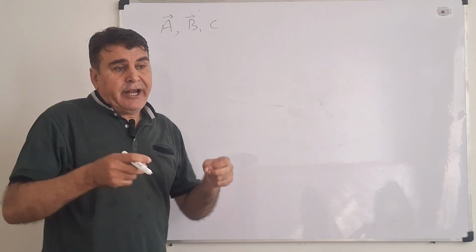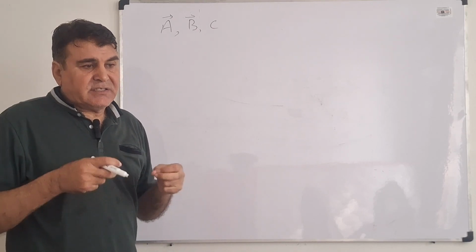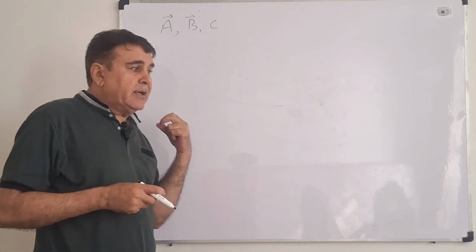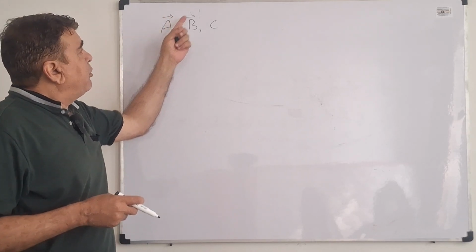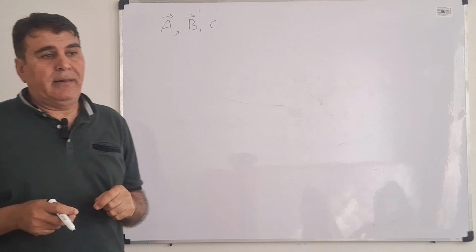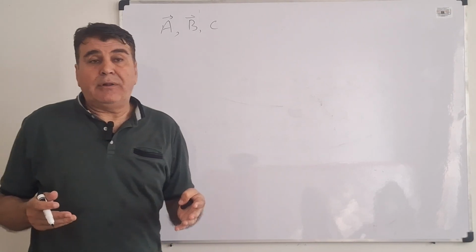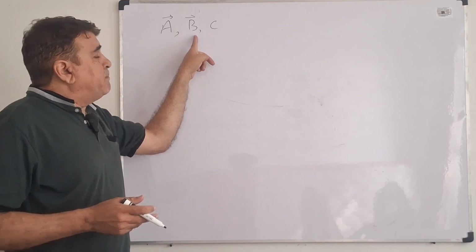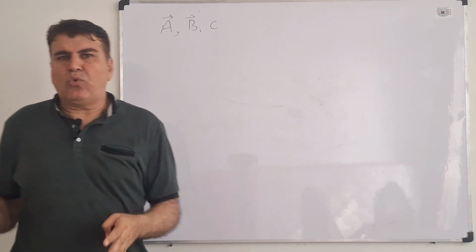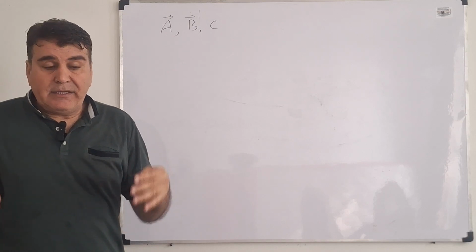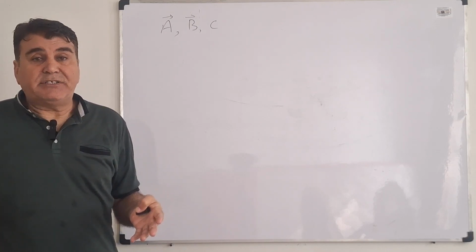So we differentiate numbers, scalars, and vectors symbolically by using a vector over the symbol or a semi-vector over the symbol. But such representations are general. The symbols A and B could represent any physical quantity or any vector quantity.